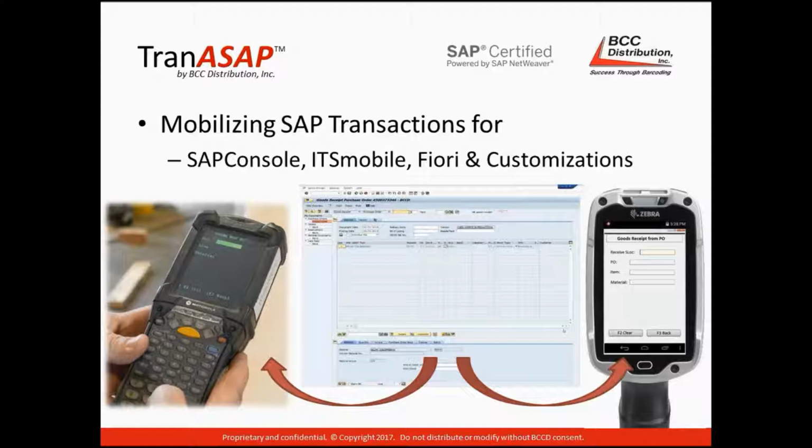Good morning, everybody. We'd like to start off with the core of our deliverable, which is Train ASAP. Train ASAP is our software, BCCD software, that we include as part of all of our deliverables when we talk about barcode scanning and barcode printing.